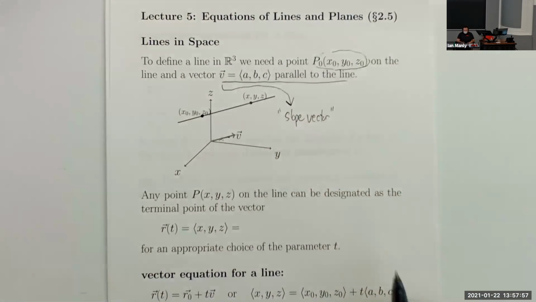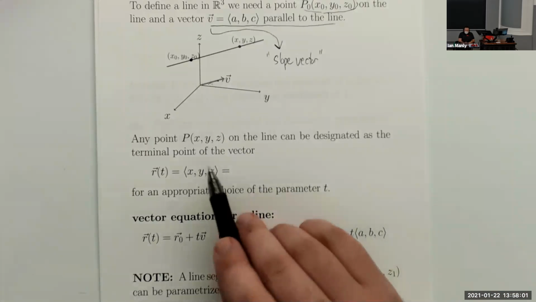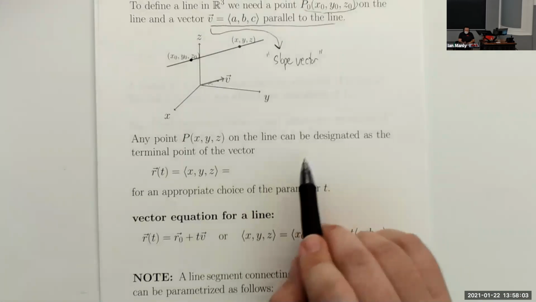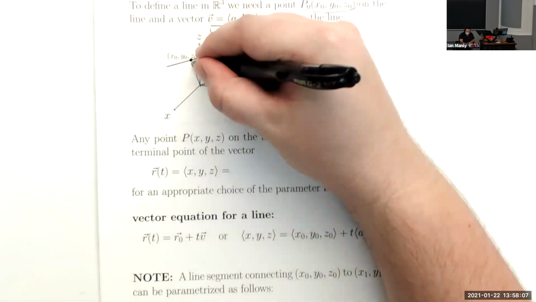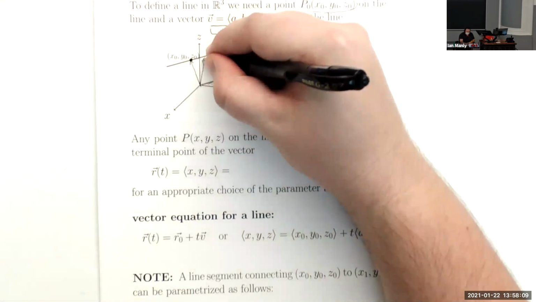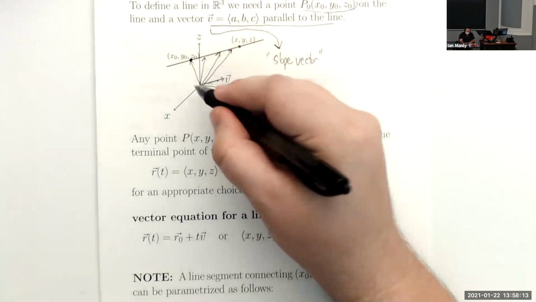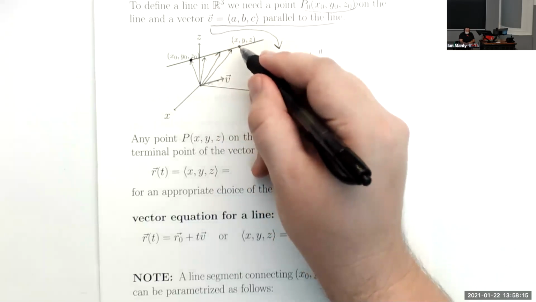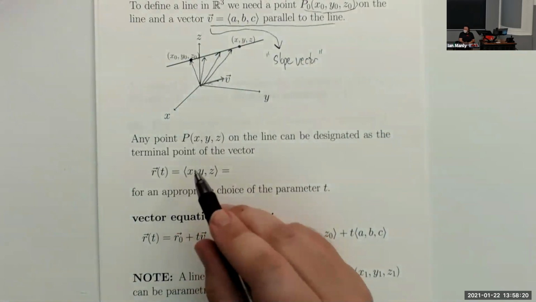Okay, so with these two pieces of information, any point on the line can be designated as the terminal point of a vector. So we can have these vectors that are pointing to our line right here. Depending on where we are on our line, our vector will change direction. So how do we come up with a formula for this vector?